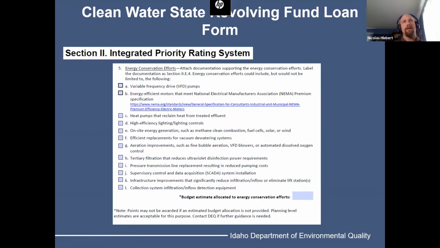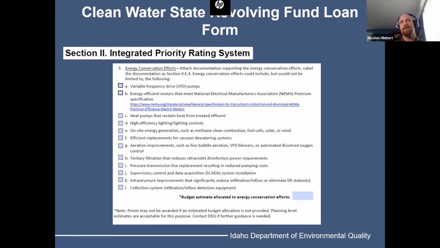So we see a lot of these energy efficiency and energy conservation efforts in the GPR. High efficiency lighting, if you want to put in LED and timers on lights in a building, that would totally apply to the GPR. It's a great way to get GPR points.